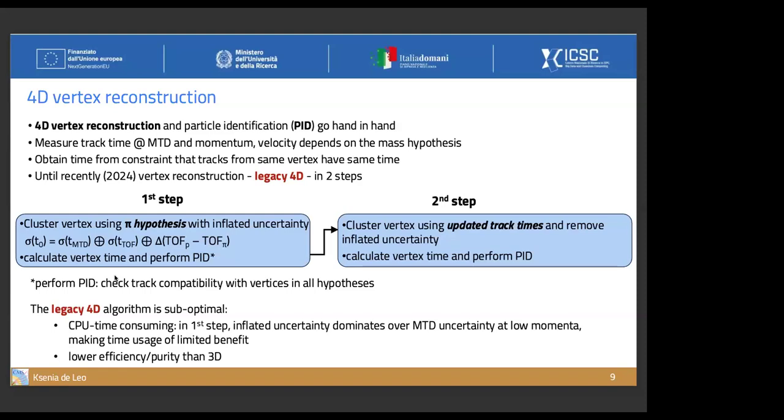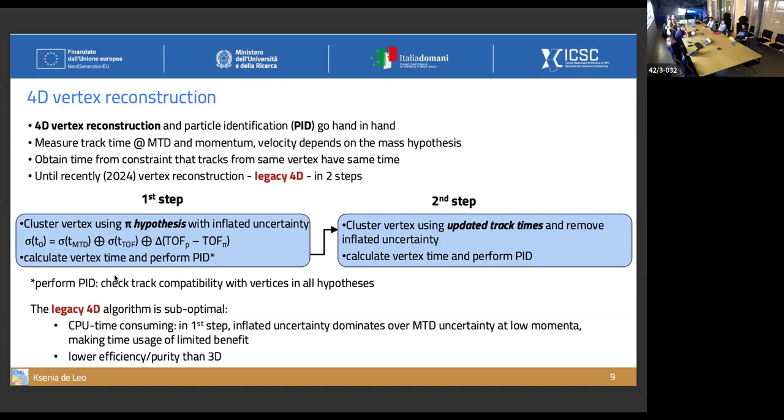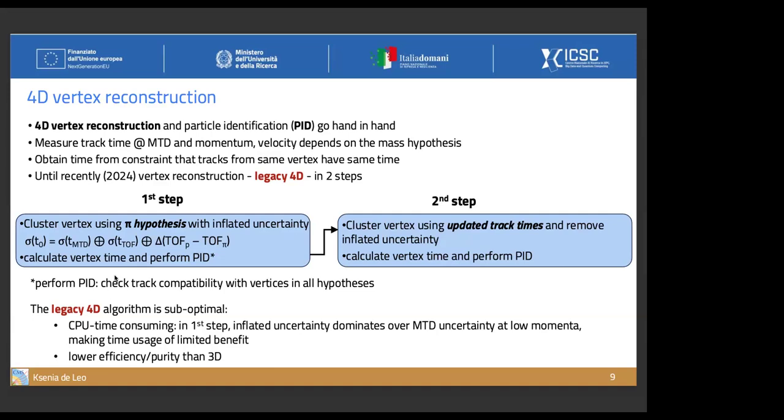So with our tracks with timing, we can finally perform the 4D vertex reconstruction. And let me remind you that the 4D reconstruction and the particle identification go hand in hand, because given the track time at the MTD, we still don't know its mass hypothesis, so the actual time at the beamline is unknown.